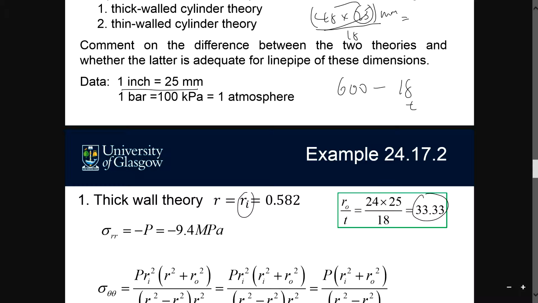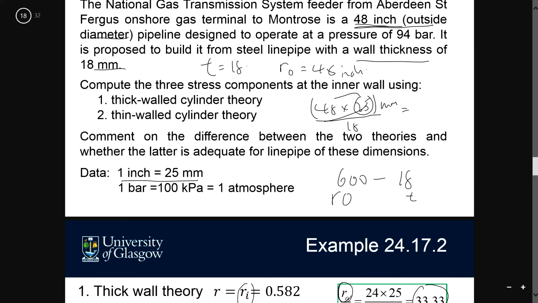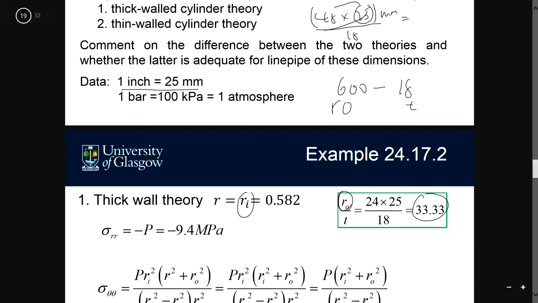This is your thickness, this is your outer diameter. Please take note that this is the outer radius that you're going to use. Please be very careful about that. In such a case, we will have 582 as the inner radius.